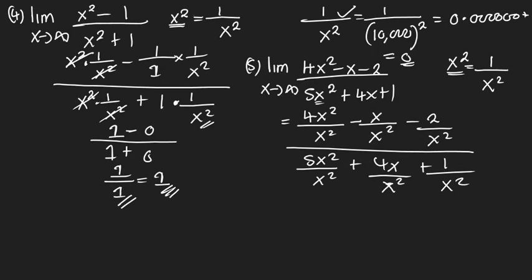Now I want you to notice something. This and that will cancel. You're going to remain with a 4. Then here, that is going to cancel. It's going to be 1. Here you're going to remain with 1 over x.